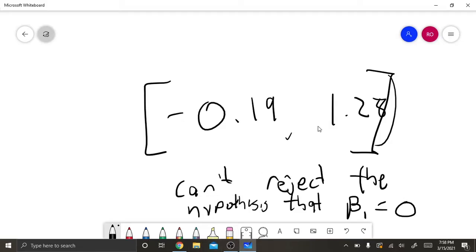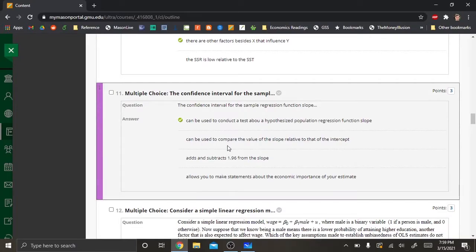We also can't reject the hypothesis that beta 1 is equal to 1, for that matter. But basically, if a value is within our confidence interval, then we can't reject it at the 5% level if we're doing a 95% confidence interval.